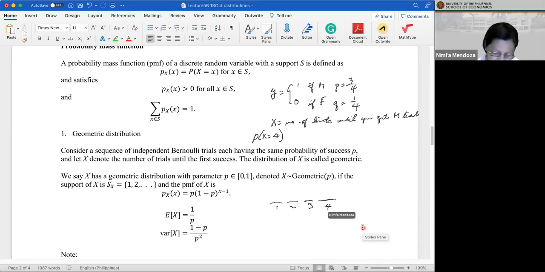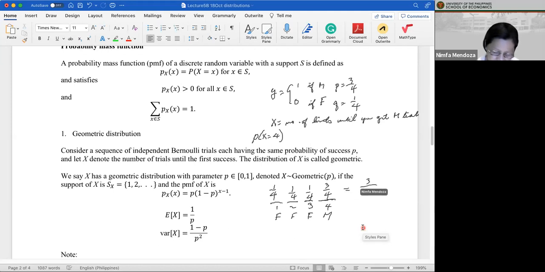So you get a female here, female, female, then male. What's the probability of getting female? They are independent trials. So for a female bird it is 1/4, and for the male bird 3/4. So what is the probability?